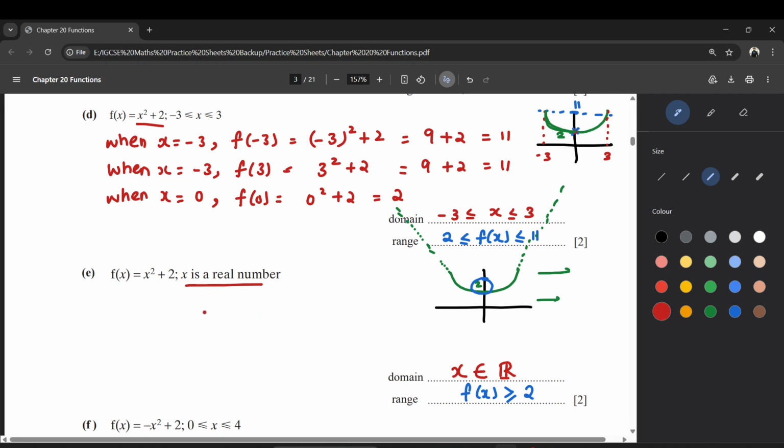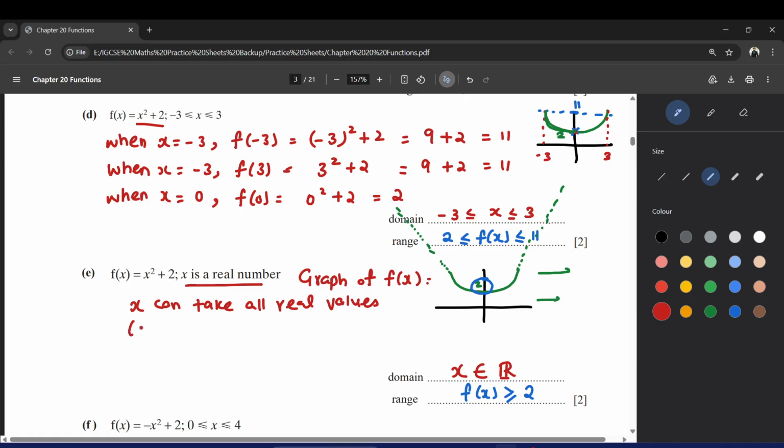Now let me quickly write some pointers. So this is the graph of f of x. Okay, that's what it looks like. And here are some pointers. x can take all real values.